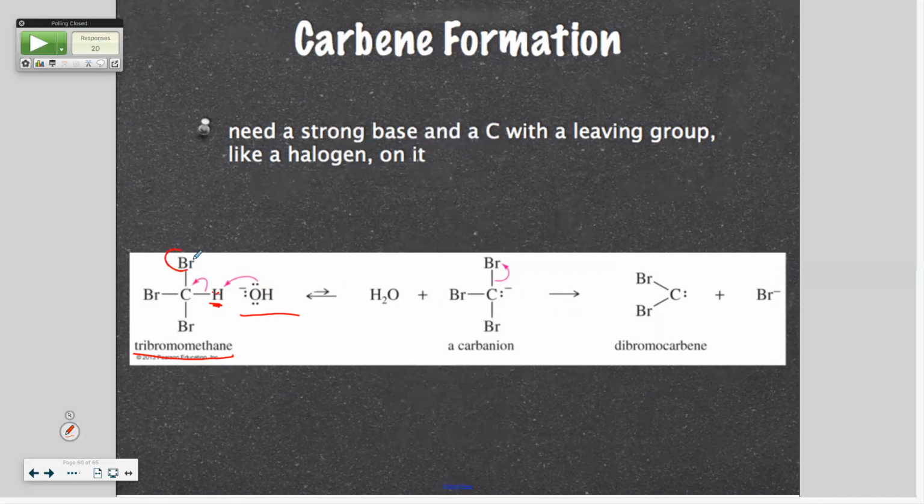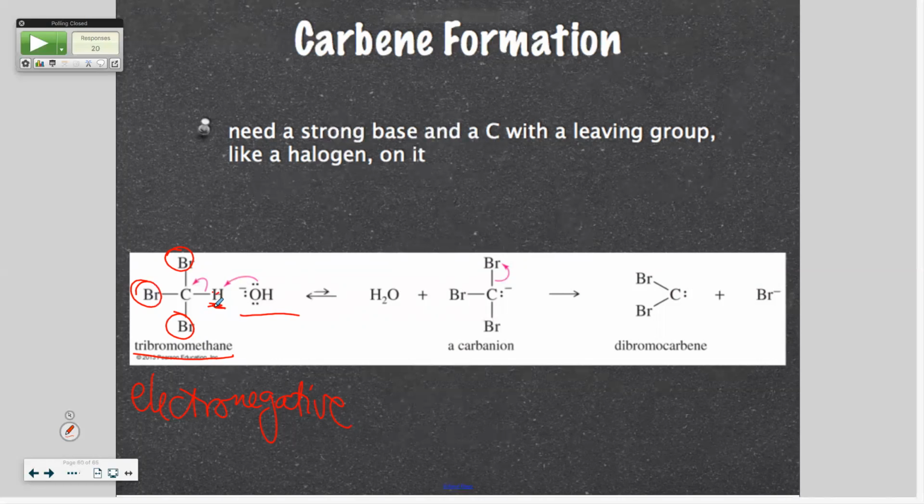Because what are the bromines doing? They're all what? They're all electronegative. So they're pulling electron density away. So that makes this H right here acidic, more acidic than normal.